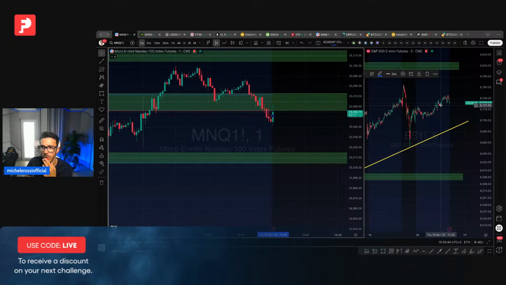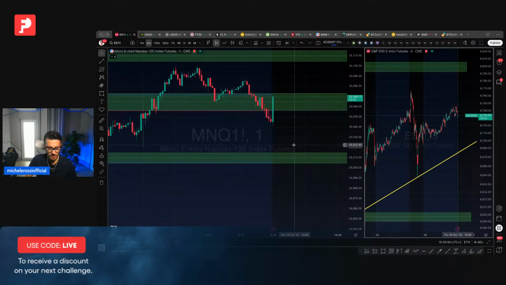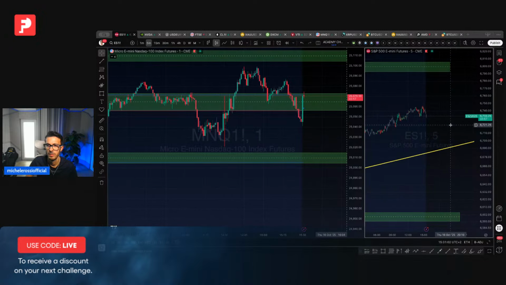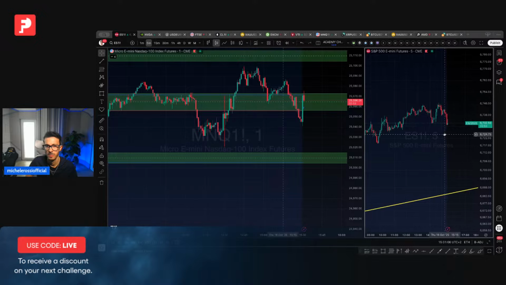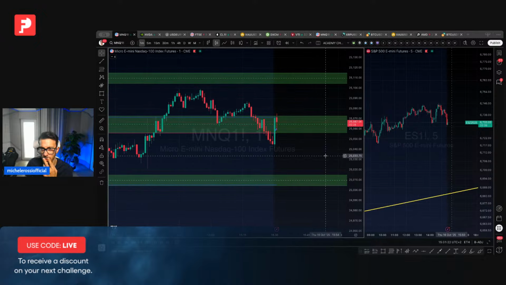It's gonna create a blue line, which is the volume weighted average price. It's a great level right here, right at the opening.